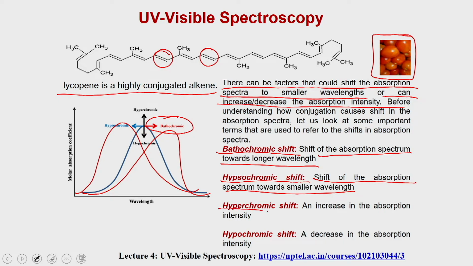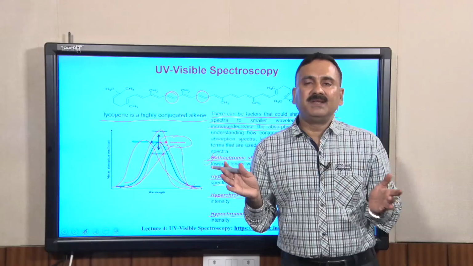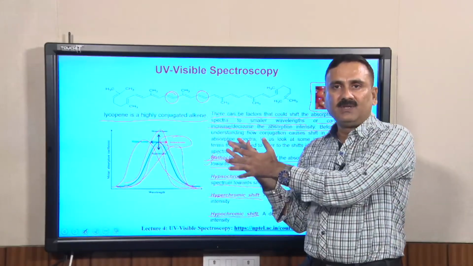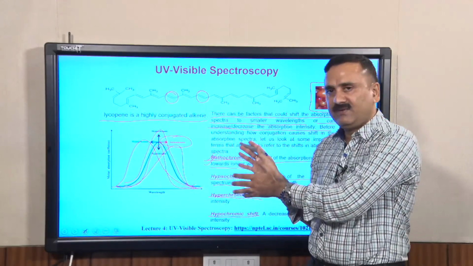Then you can have the hyperchromic shift, which means the absorbance will go up, or the hypochromic shift, which means the absorbance is going to go down. In one case your lambda max is changing towards the longer wavelength, which is the bathochromic shift.